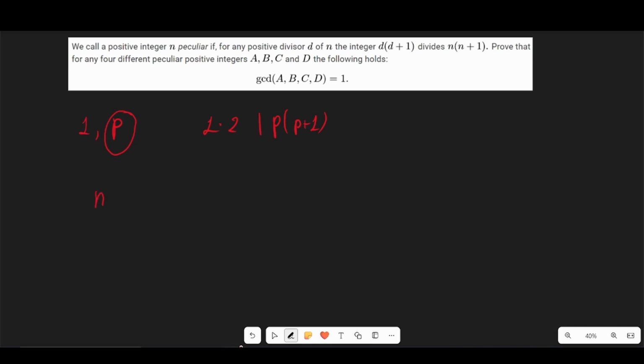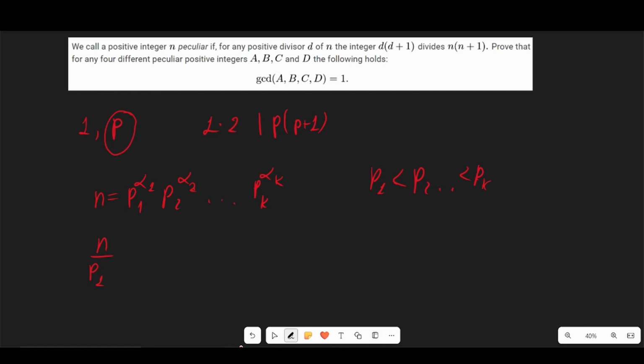And now if we take n equals p1 to the alpha 1, p2 to the alpha 2, and so on, pk to the alpha k, where p1 is less than p2 and so on. Take n over p1. This must also be a divisor of n, and this would be the greatest divisor.